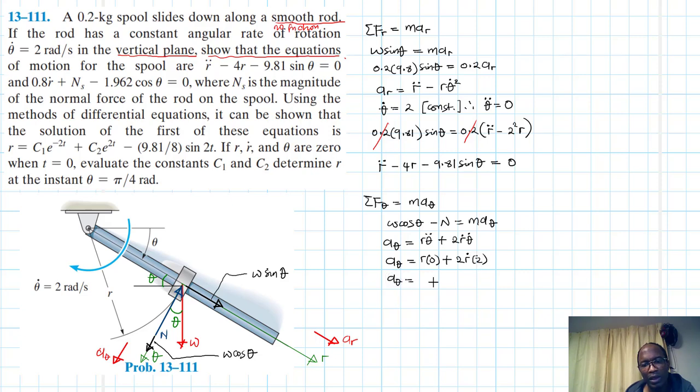Therefore a_theta is just equal to 4 r dot.